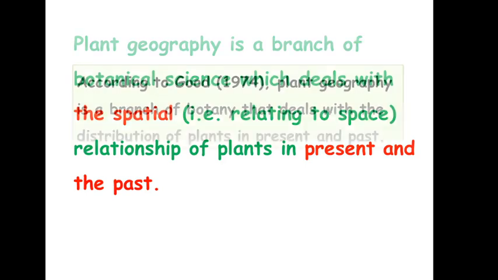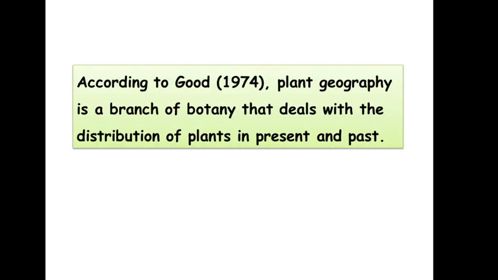Okay. Now a better way to define phytogeography is, this definition was given by a very famous phytogeographer, Ronald Good, in 1974 in his book Phytogeography. That book is out of publication, that is why it's not available anymore. But then this is a very good book of phytogeography. According to him, phytogeography is a branch of botany that deals with the distribution of plants in present and past.